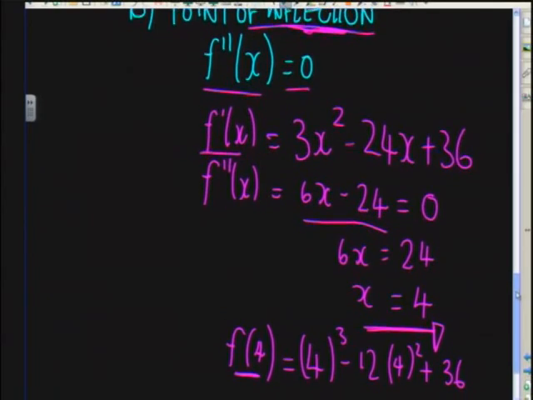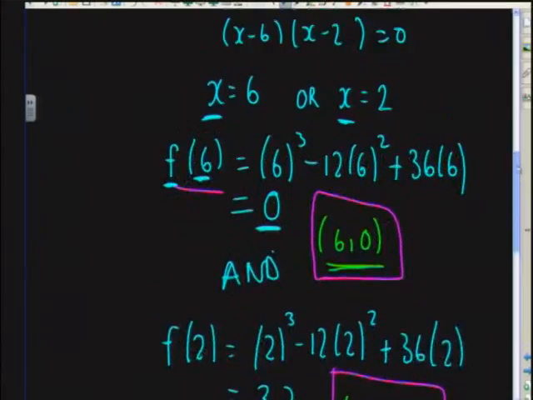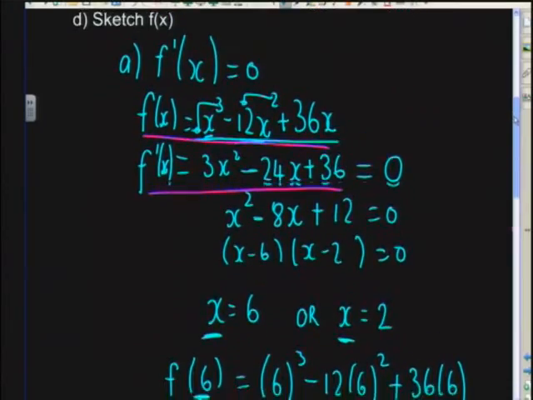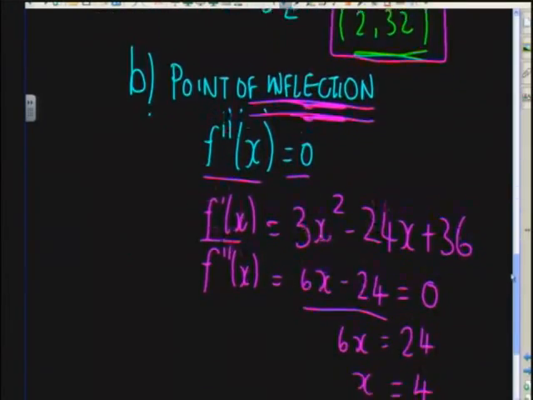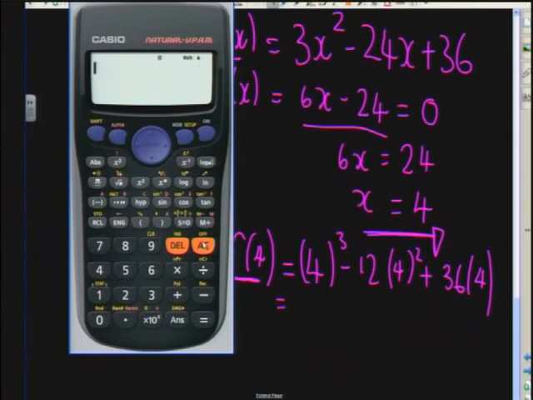Our second derivative was 3x squared. Okay, and our function value was x cubed minus 12x squared plus 36 times x. So 36 times 4. Okay, put that into your calculator. So it's 4 cubed. Let's just do that again.